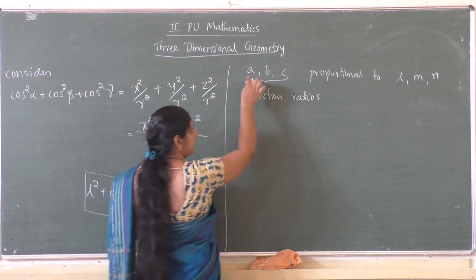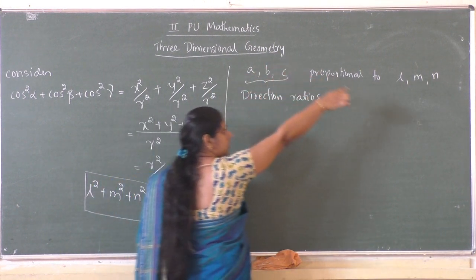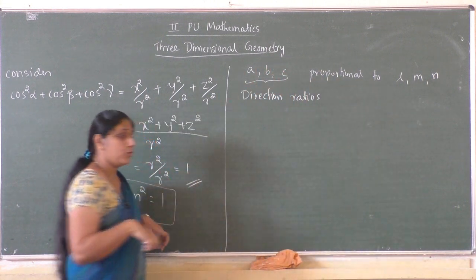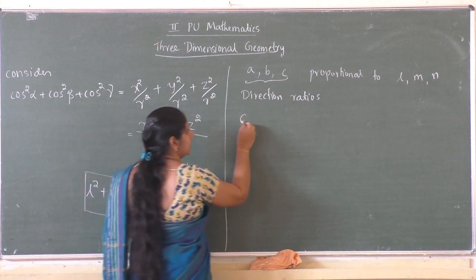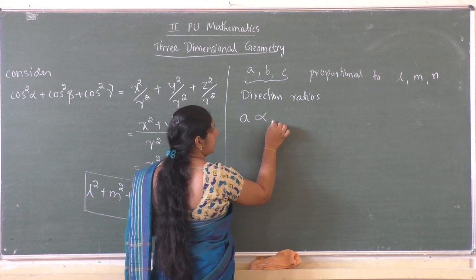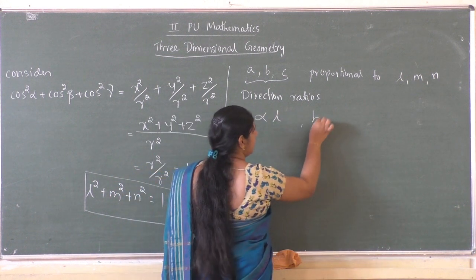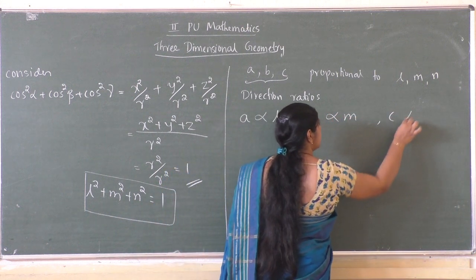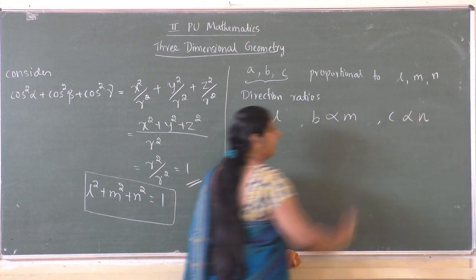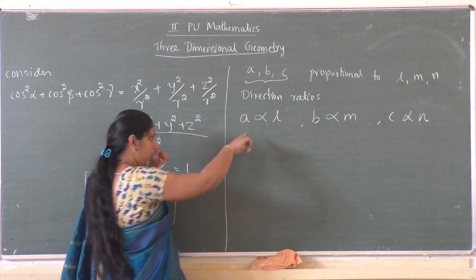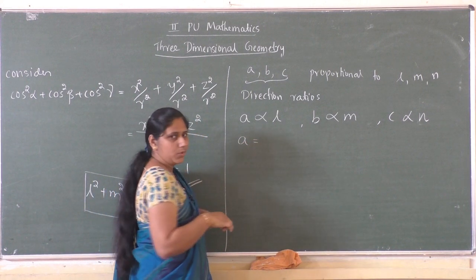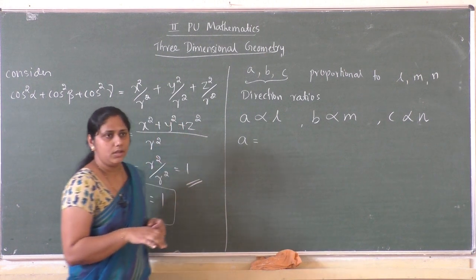So here A is proportional to L, B is proportional to M and C is proportional to N. If we have the condition proportional, then you can convert it to an equation by using a proportional constant.